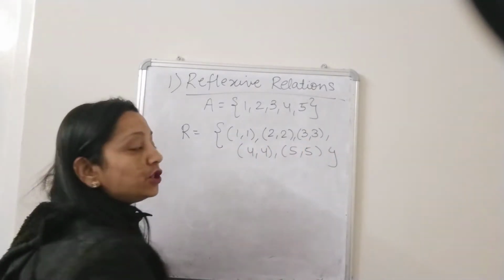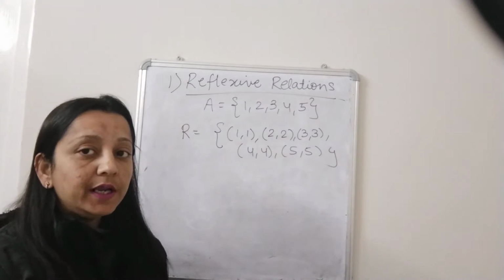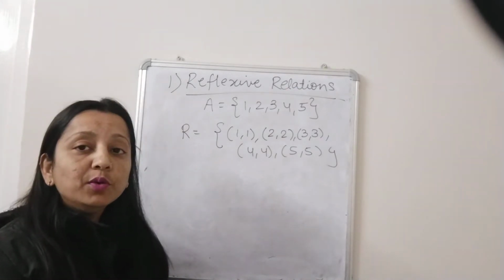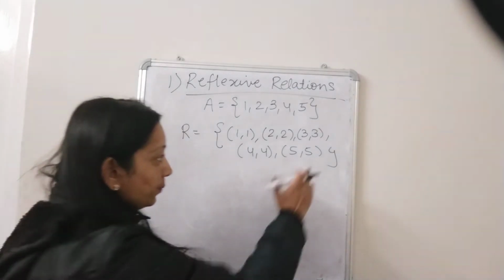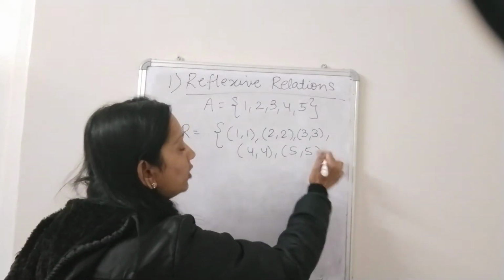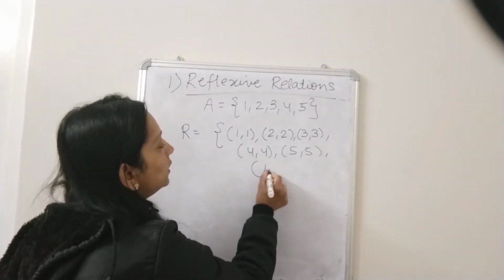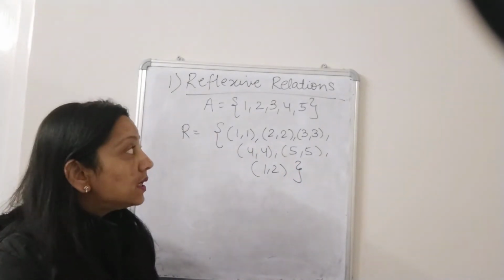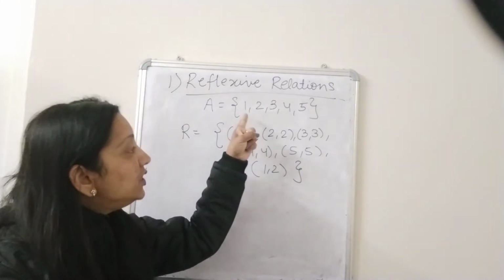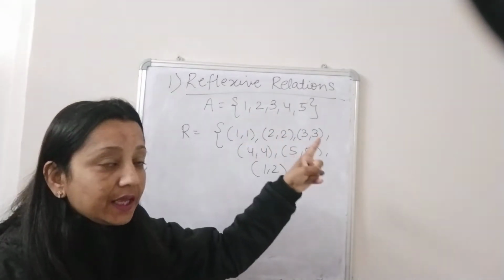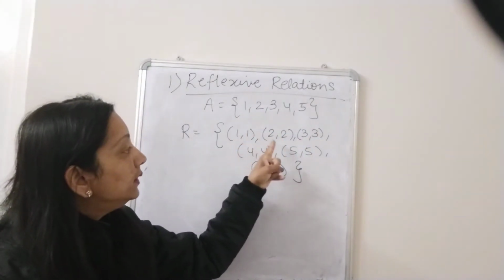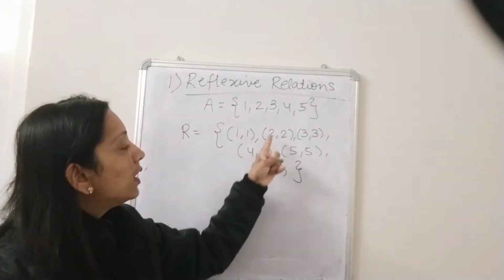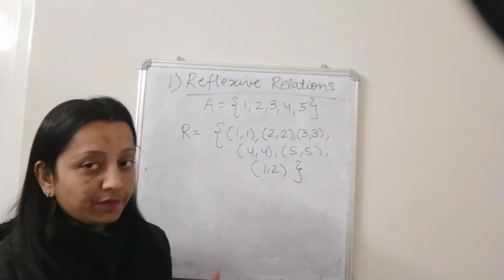If all such ordered pairs are present in the relation, then this relation is known as the reflexive relation. Apart from these ordered pairs, it can have any other ordered pair. That is not the concern. The concern is that each and every element of set A must appear in this form.